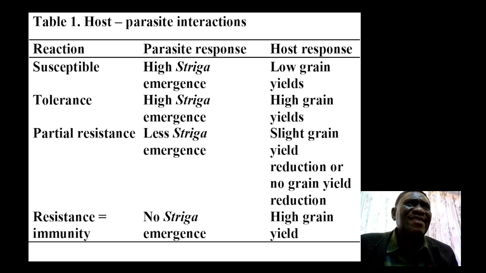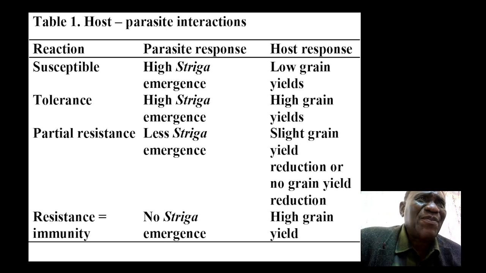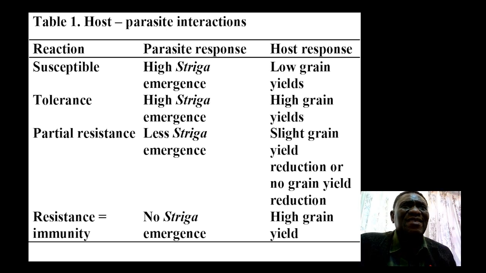Partial resistance, you have less striga emergence and slight grain yield reduction or no grain yield reduction. Probably these are the sort of varieties which we need. Resistance or immunity, no striga emergence, high grain yield. If we can get such a variety, that could be very useful.